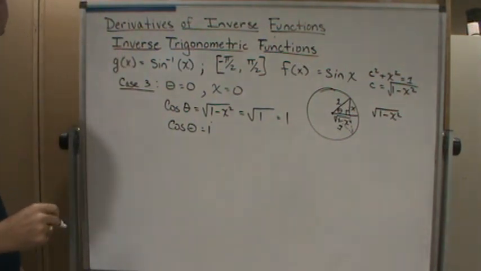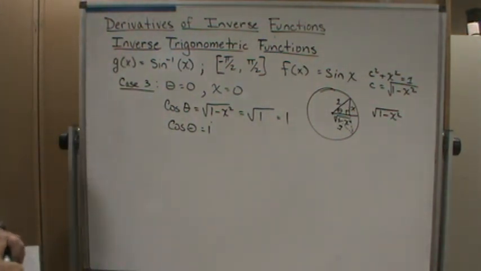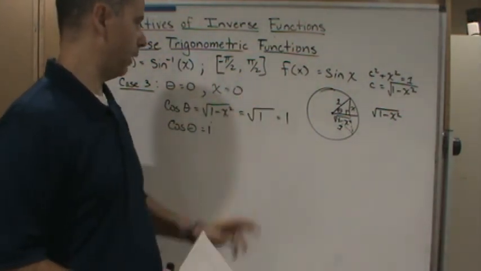So it works for theta equal to 0, and it works for all values of theta from negative pi over 2 to pi over 2.